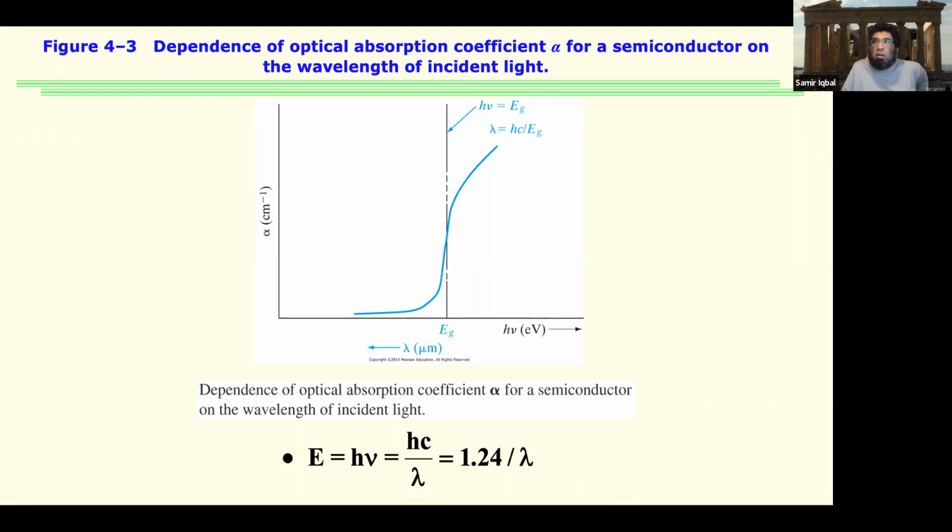This is a very important relationship because from it, we can find the band gap energy of any material from the wavelength that it emits. The 1.24 is in electron volts, coming from these two constants, Planck's constant and the speed of light. So how do we use this?